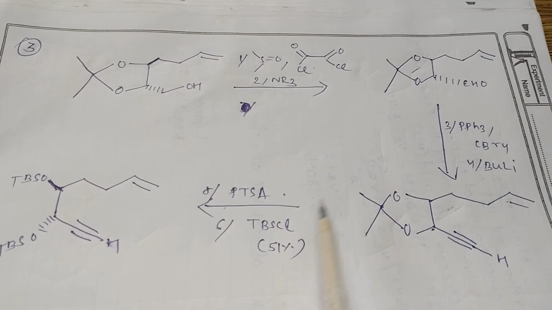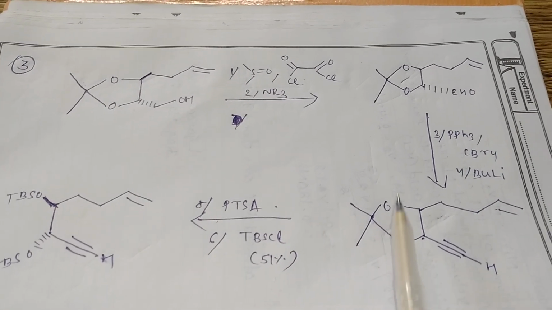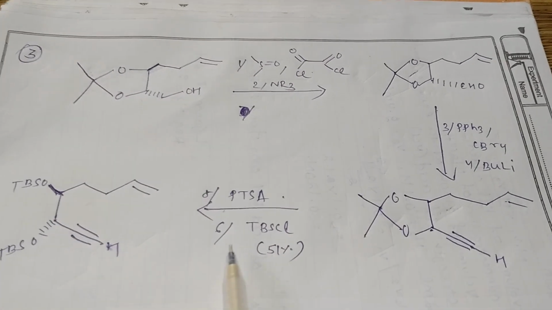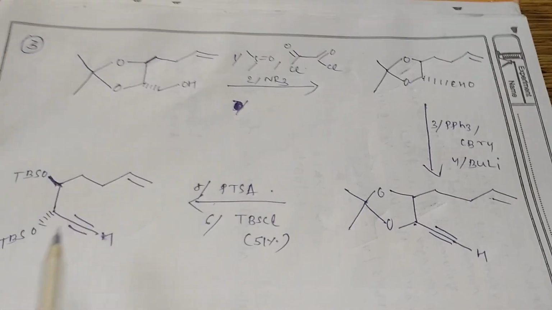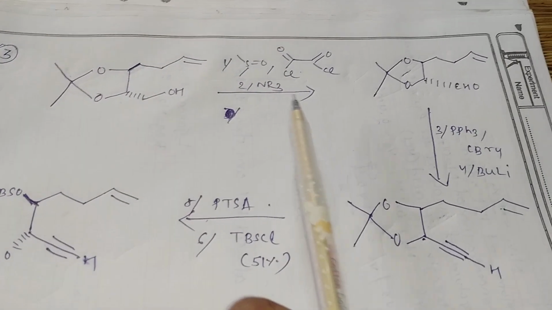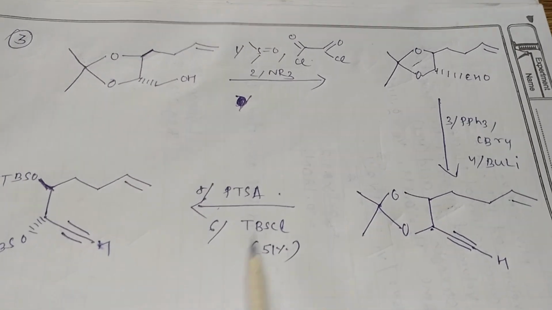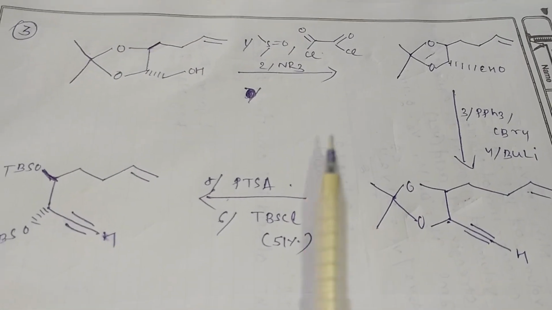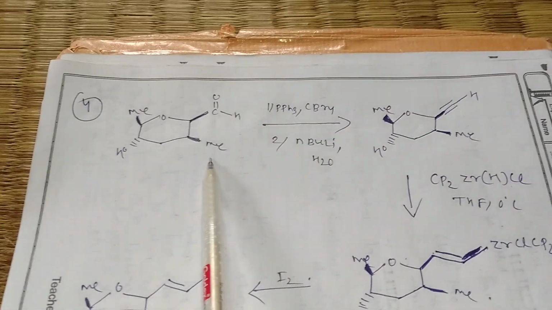First deprotection takes place by PTSA, then it is converted to OH, then the two OH groups are protected by TBSCl to give OTBS and OTBS. So here three types of reaction take place. First is the Swern oxidation, second one is the Corey-Fuchs reaction, third one is deprotection and again protection. It is very, very important. You can just observe. And the fourth one is an excellent question.